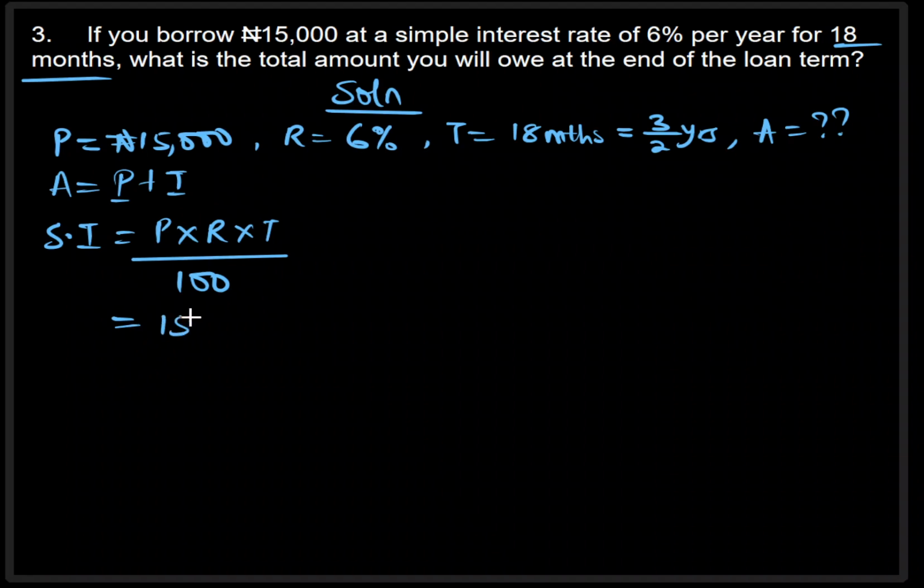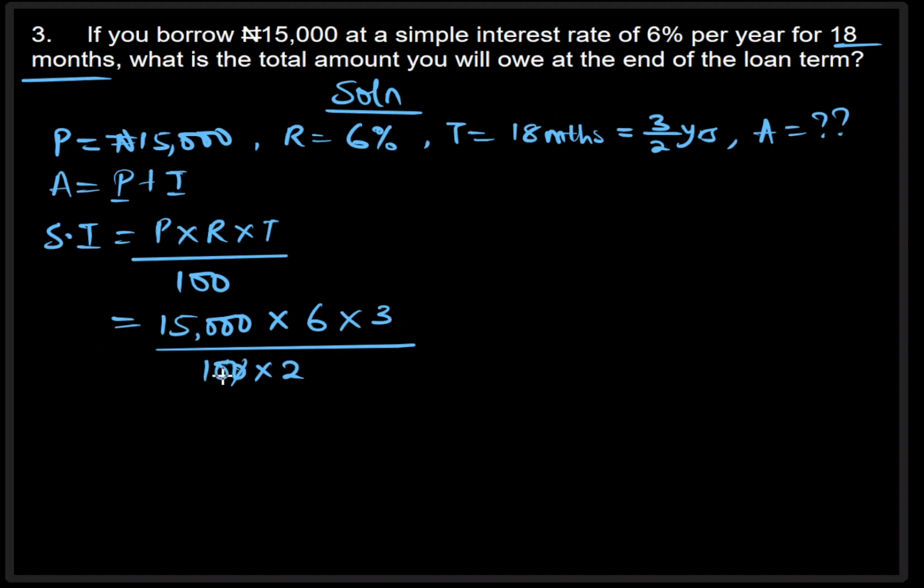Principal is 15,000 times rate, which is 6, times time, which is 3, all over 100 times 2.